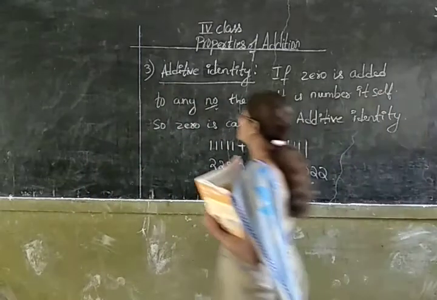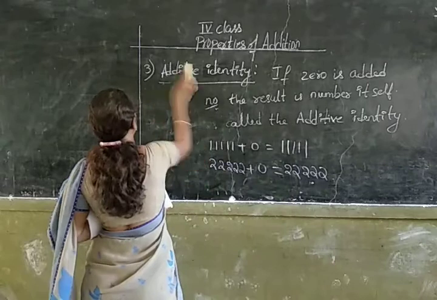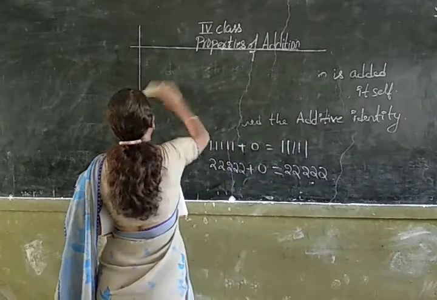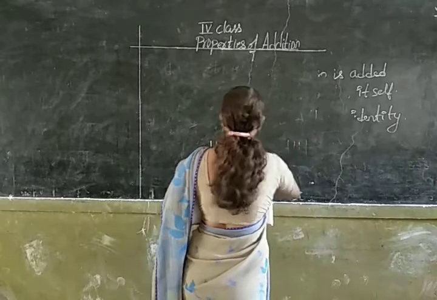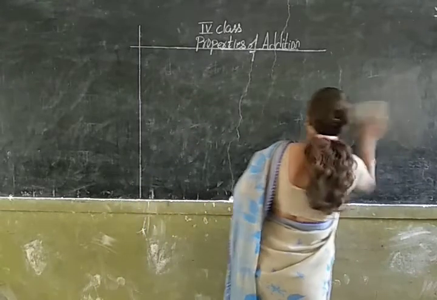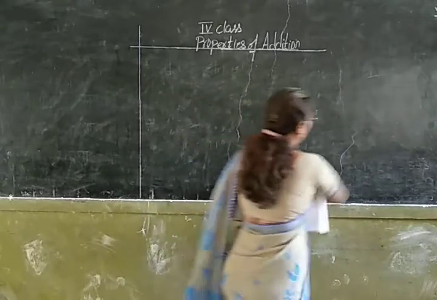Now let us learn about the last property. The last property is the property of 1.